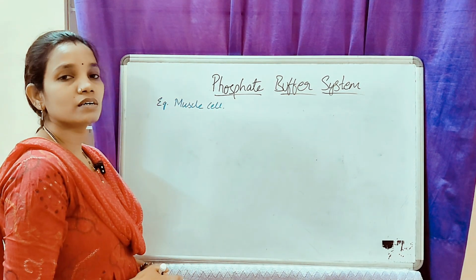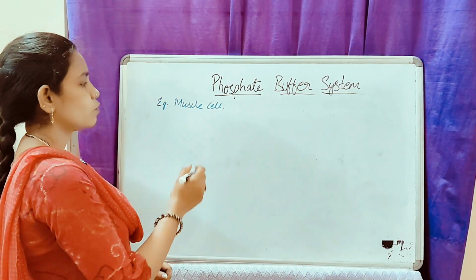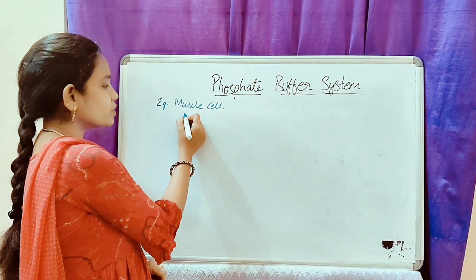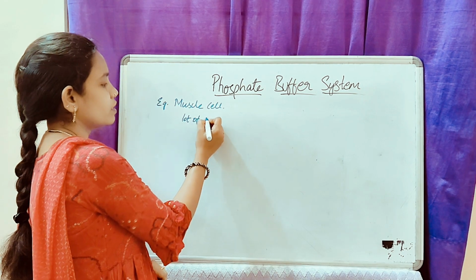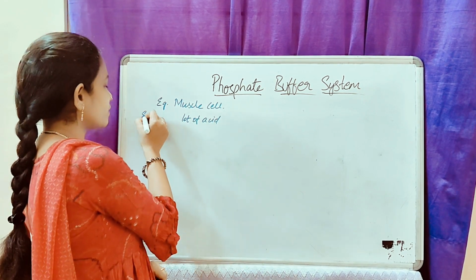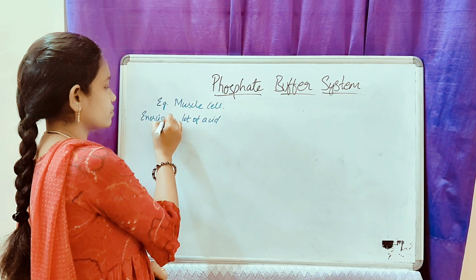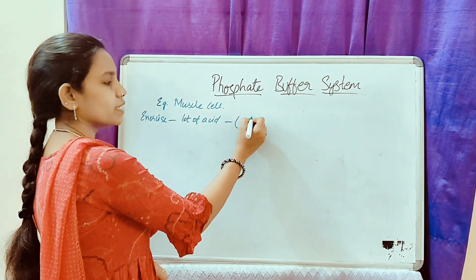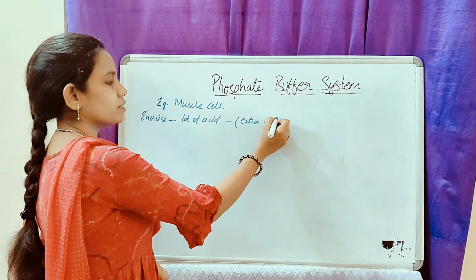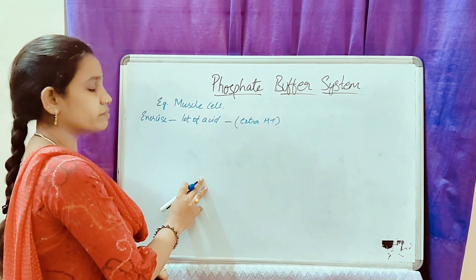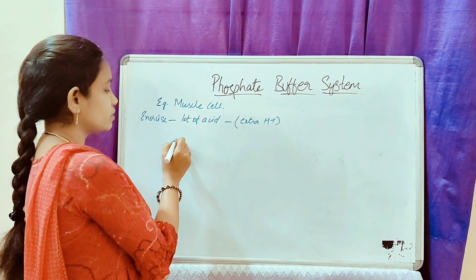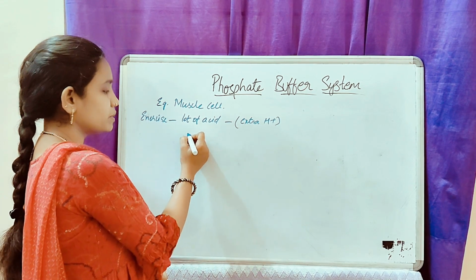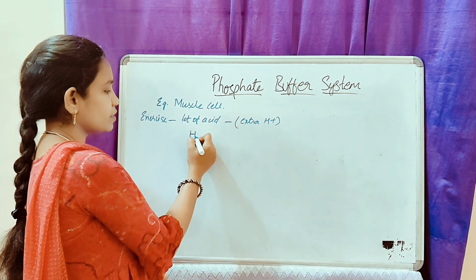Now let's see, when you exercise, what will happen? Our cell produces a lot of acid during exercise. A lot of acid means what again? Extra H plus ions. Now what does the phosphate buffer do? It grabs extra H plus ions.